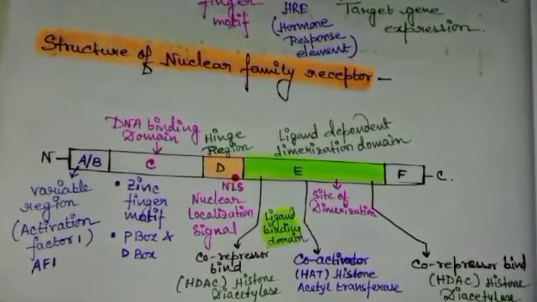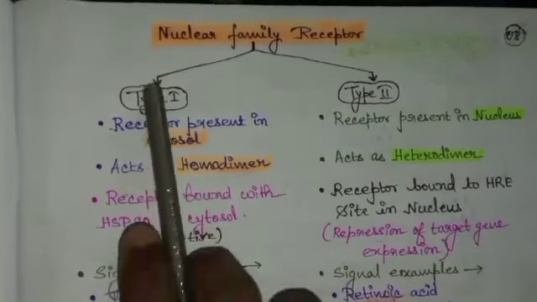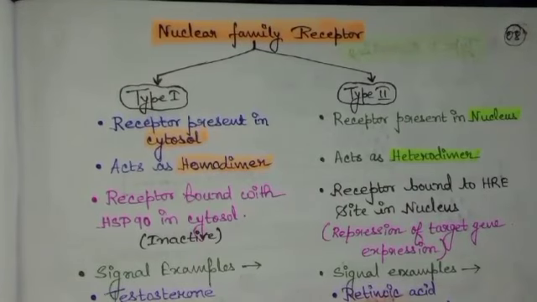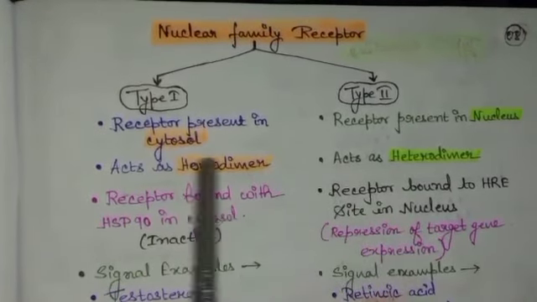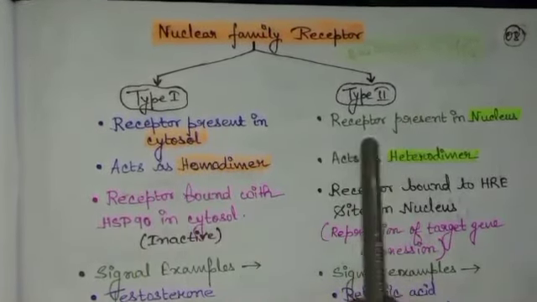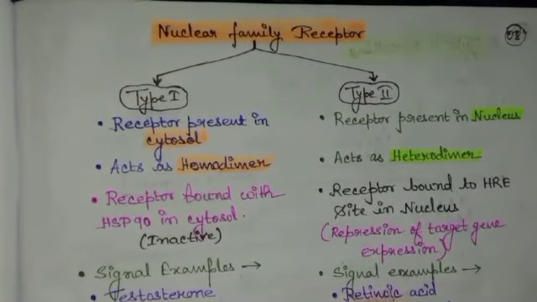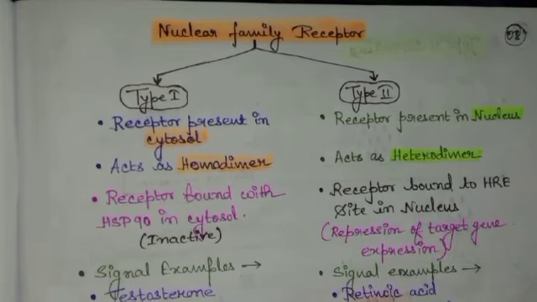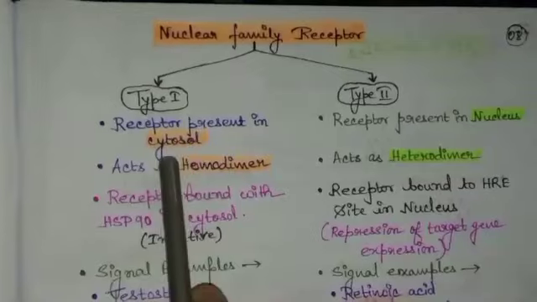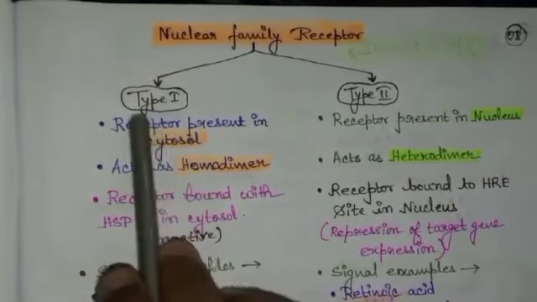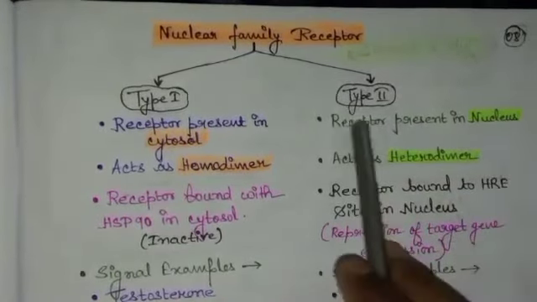Now we discuss the types of nuclear family receptors. You can see here that nuclear family receptors are of two types. One is type 1 that is present in cytosol, and another is type 2 that is present in nucleus. So they can be divided by where the receptors are present. If present in cytosol, then it is type 1, and if present in nucleus, then it is type 2.